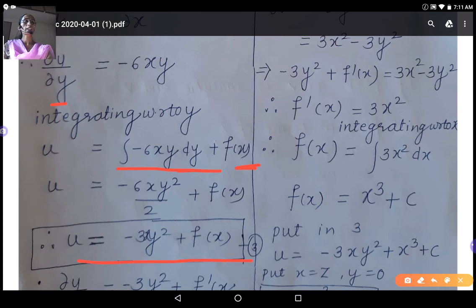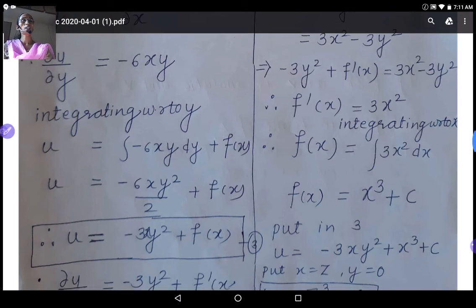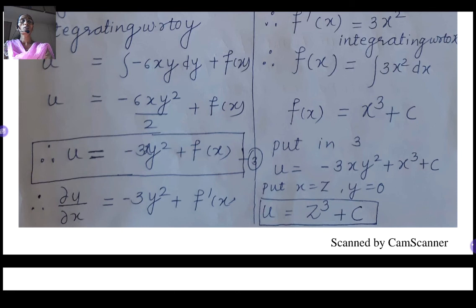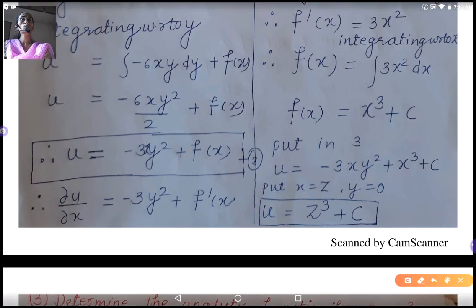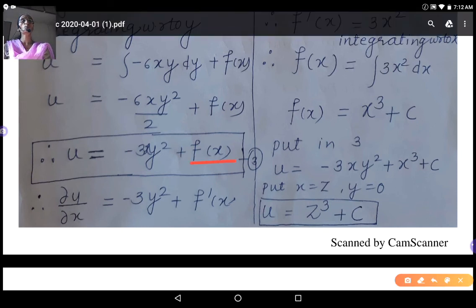Now once you got u, you have reached the step where you found u. But what is there in u? There is an f of x, and we need to find the value of f of x. So the next step is taken. You are writing del u by del x, and that is equal to minus 3y square plus f dash of x, the derivative of f of x.